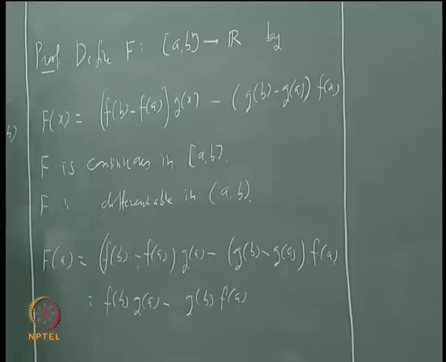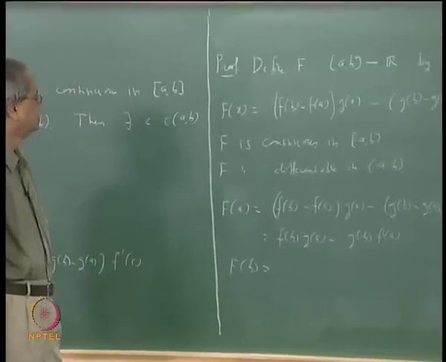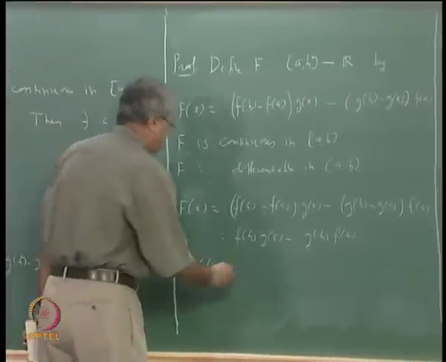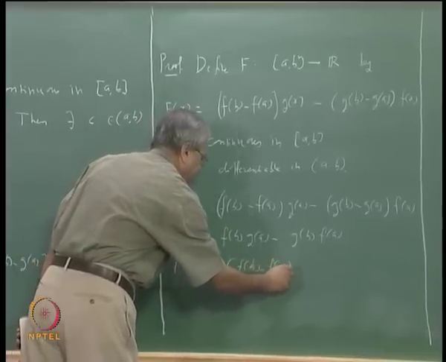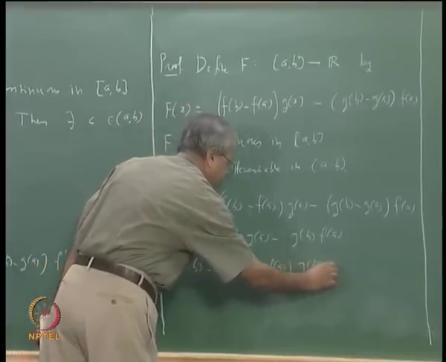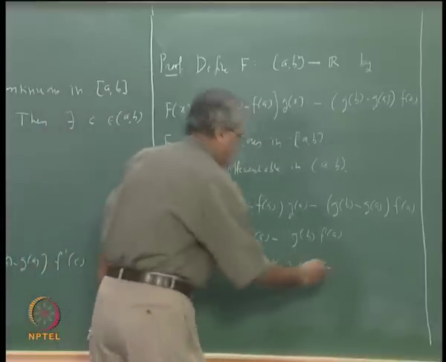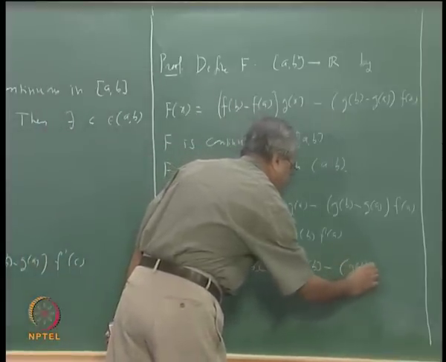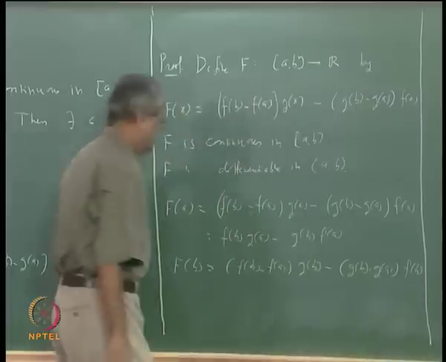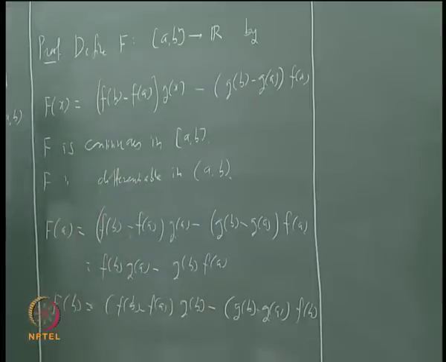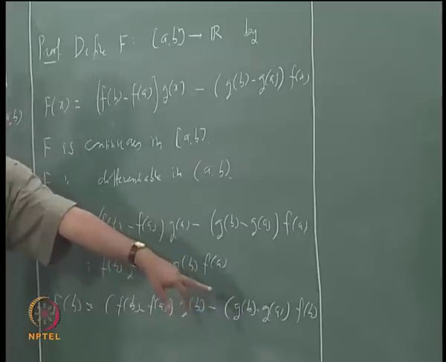Similarly look at big F at b. Big F at b, that is F(b) minus F(a) into G(b) minus G(b) minus G(a) into F(b). So this time this F(b)G(b) will cancel with this G(b)F(b).